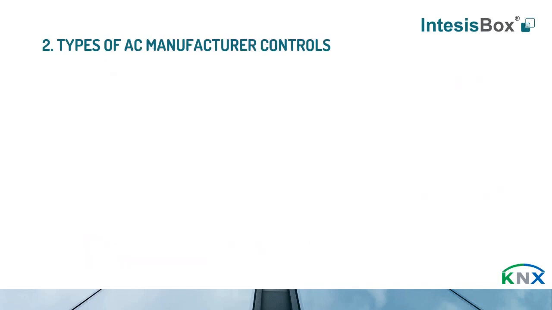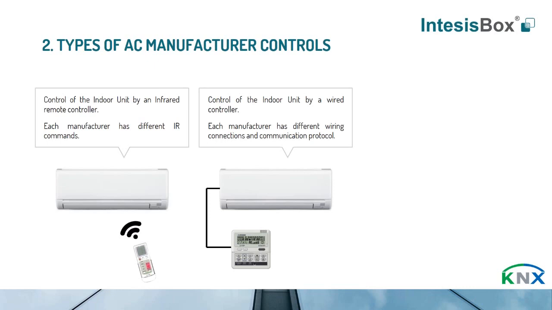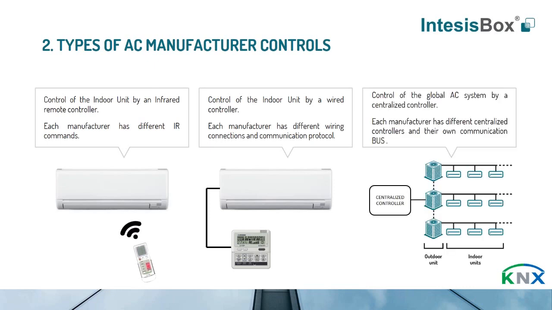So once we have seen all the DX systems that we can find in the market, I have to explain that the manufacturers also have different types of control for the different systems. We can find mainly three different controls. One of them is the infrared remote controller, which I am sure all of you know.